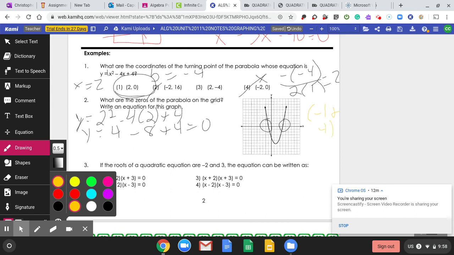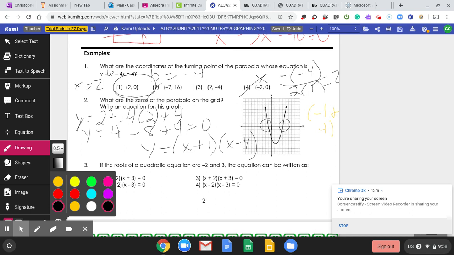If you remember, the way I want you to do this is write the opposite. So it's y equals the opposite of negative 1 is positive 1 times the opposite of positive 4 is negative 4, and that's your answer.